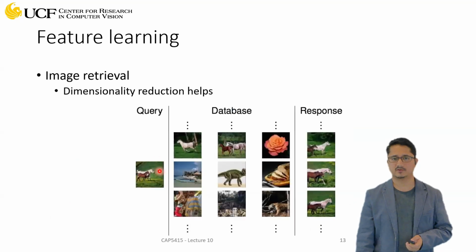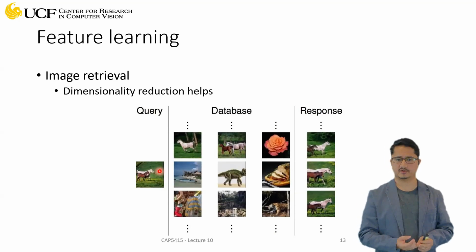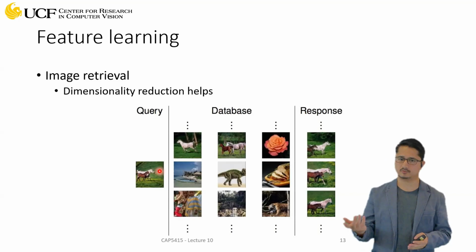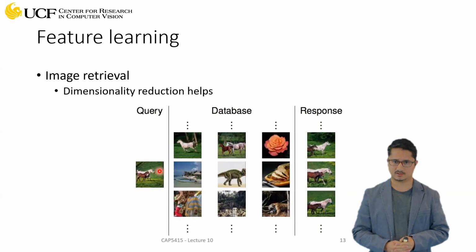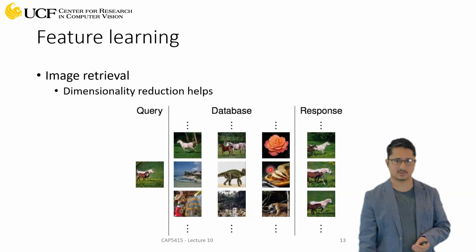You can use this kind of features in a lot of applications. One simple application is image retrieval. This is something you also use for, let's say, Google image search or Bing image search. The idea here is we have a lot of images in our database, millions, billions, trillions of images.